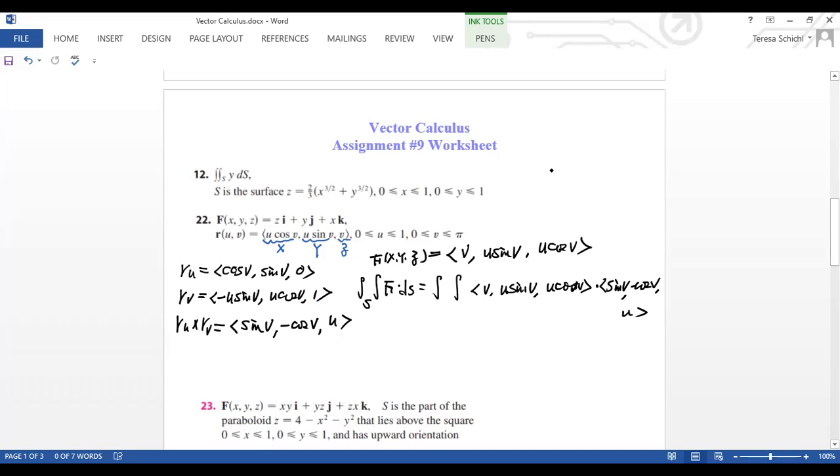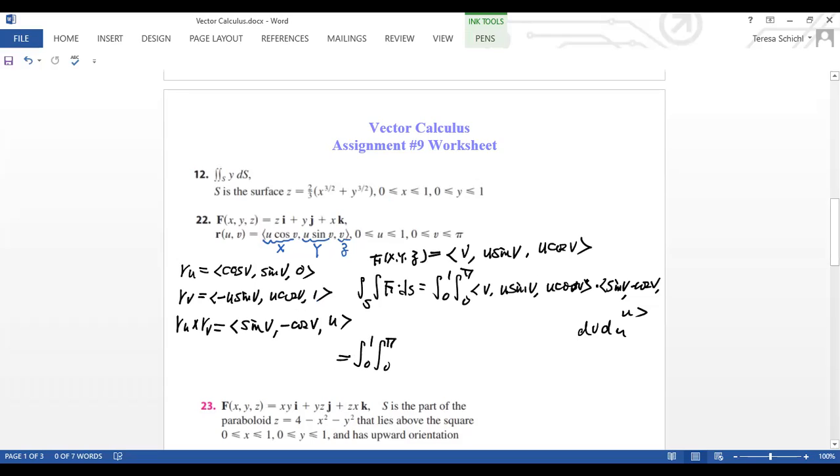And then we need to take a look at du dv. Here it doesn't matter, so we say dv du. If you do dv, v is from 0 to pi, and u is from 0 to 1. If you simplify a little bit, this integration will be from 0 to 1 and 0 to pi.